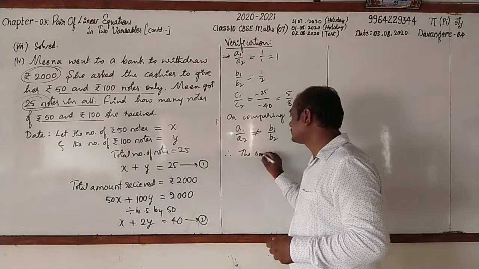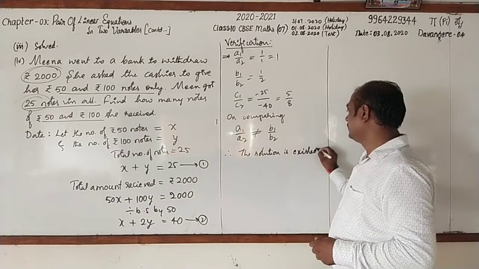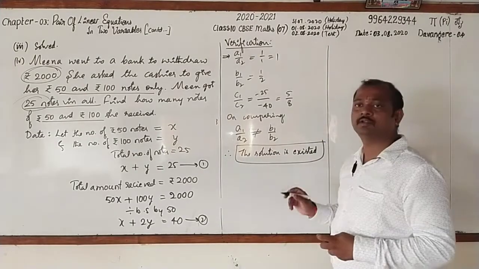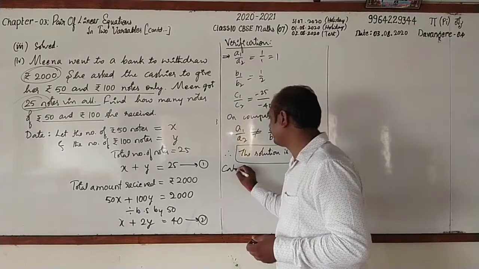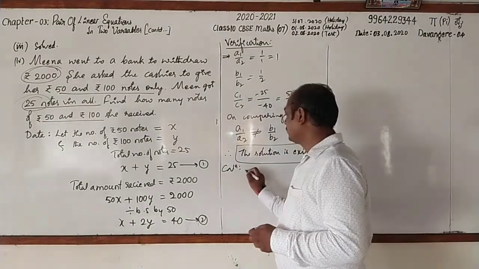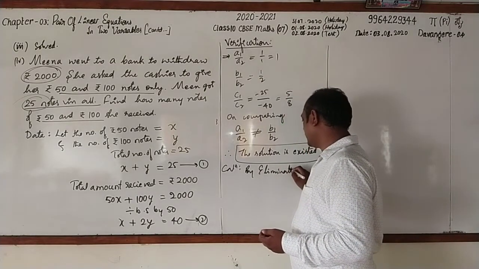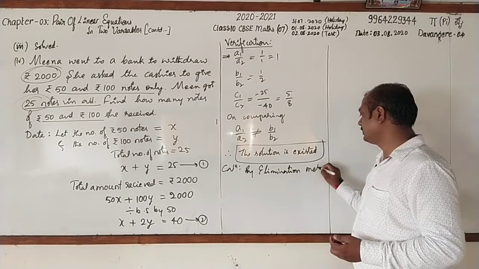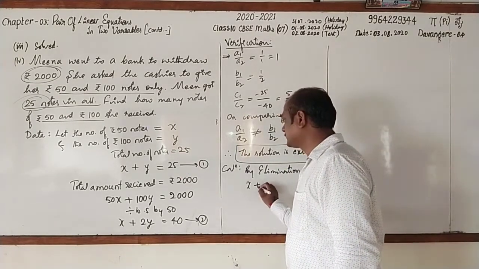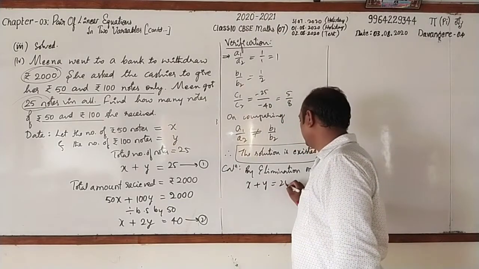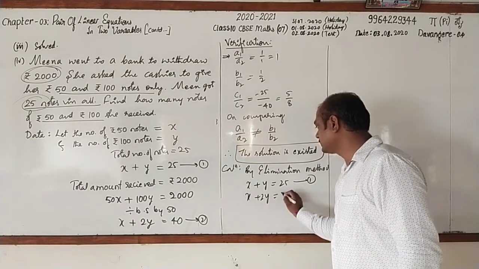Therefore, the solution exists. If the solution exists, what should be done? We have to calculate. Let us go for calculation. By which method? By the elimination method, as they have mentioned. Here, the first equation is x plus y equal to 25 and the second equation is x plus 2y is equal to 40.